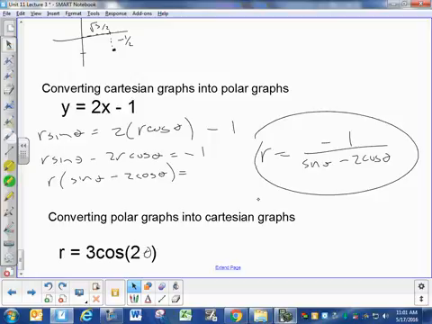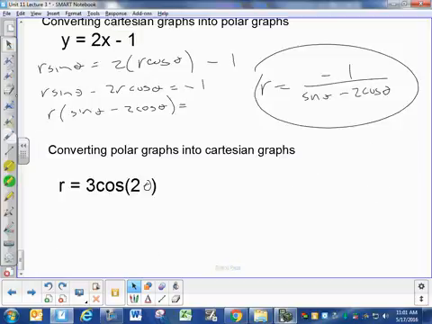And, yeah, perfect. Probably too small. Oh, okay. There you go.